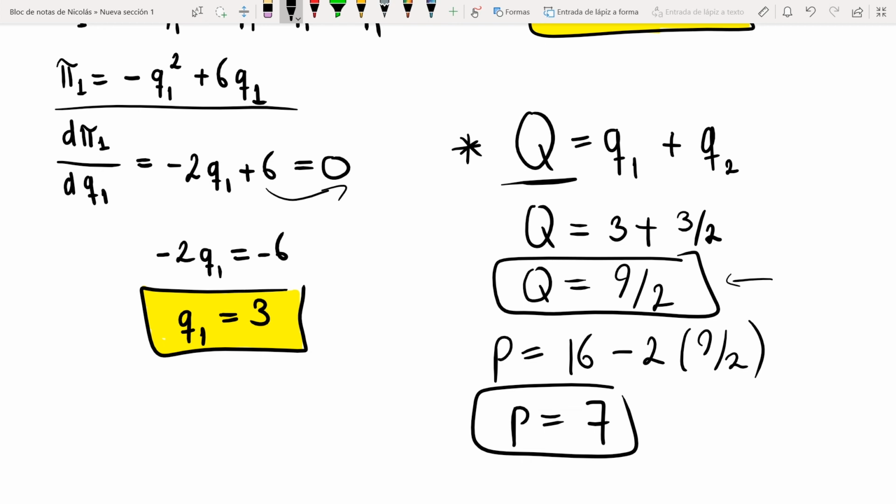We just multiply, the 2 cancels out, and we'll have that 16 minus 9 is equal to 7. This will be the price of the airplanes on the market. Let's say each unit stands for $100,000, so it's maybe $700,000 an airplane.